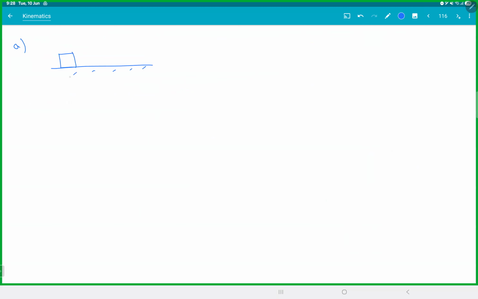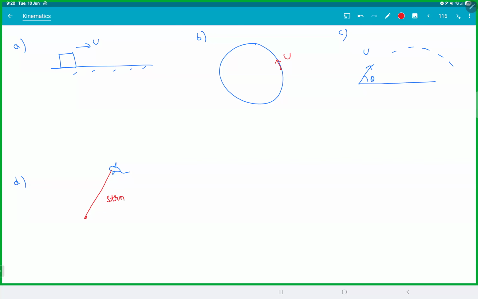So we have a block here going with speed u horizontally. We have a particle going in a circle. We have a particle projected with u and theta. We have a bird here, tied by a string, and this point is fixed.